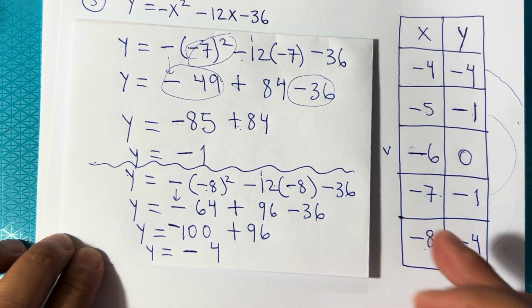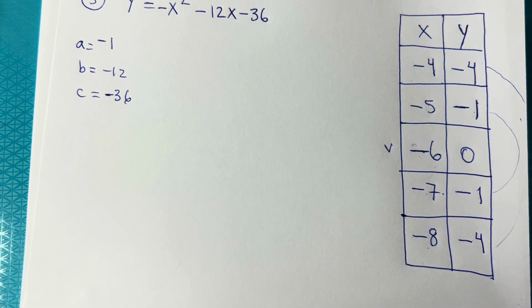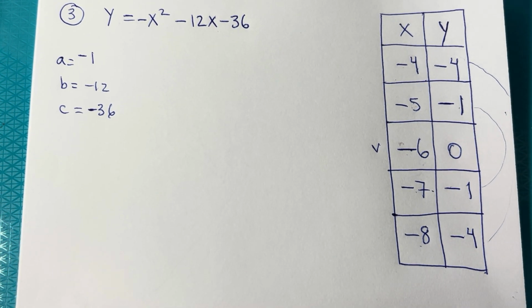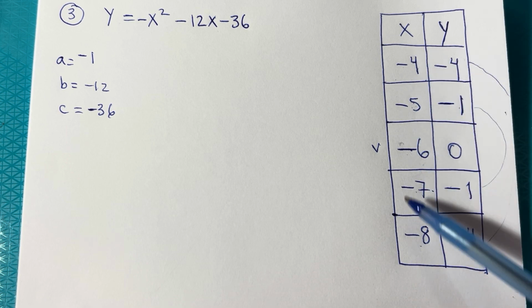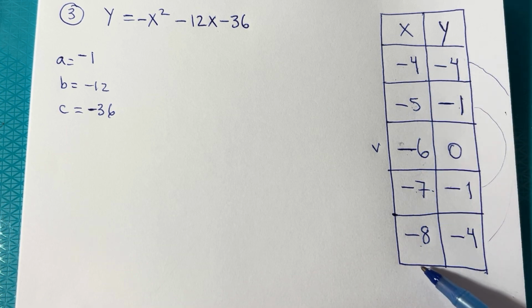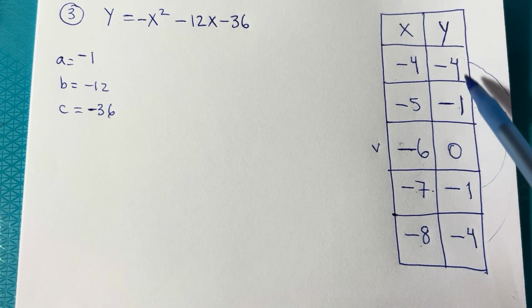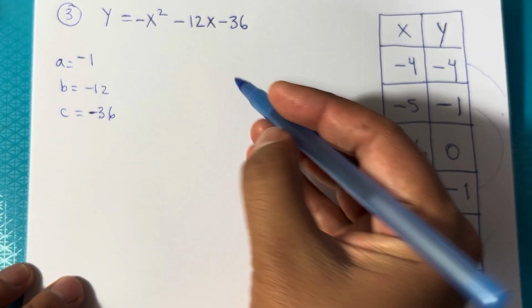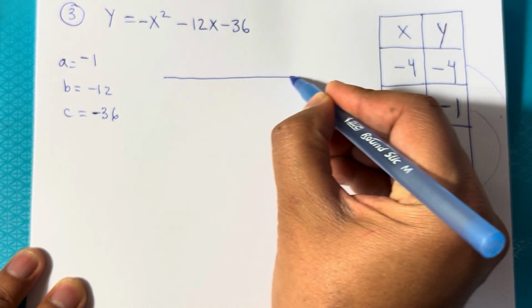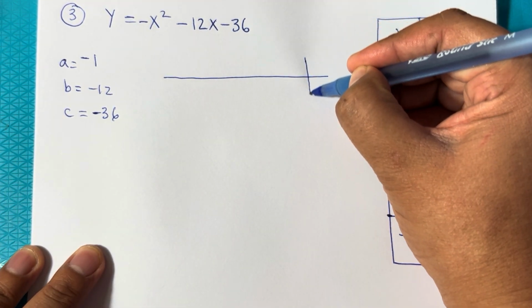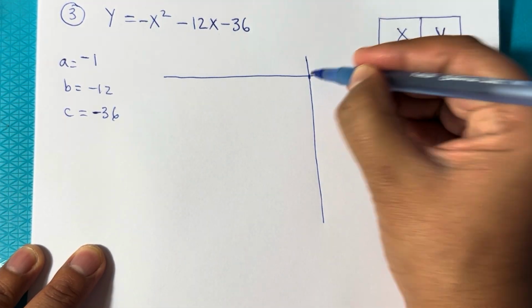Now that we have our table, we are able to create our graph. Again, I analyze and look that I need mostly on X, I need mostly on the negative side. And then for Y, we also need negatives, okay? So that means I'm going to do something like this. That will be my origin right there.